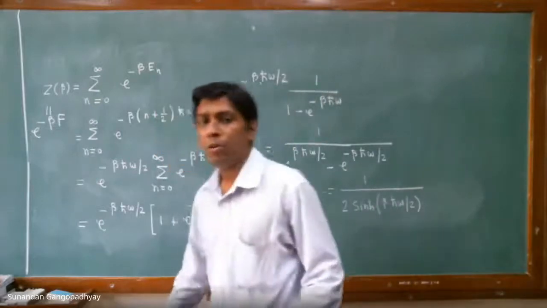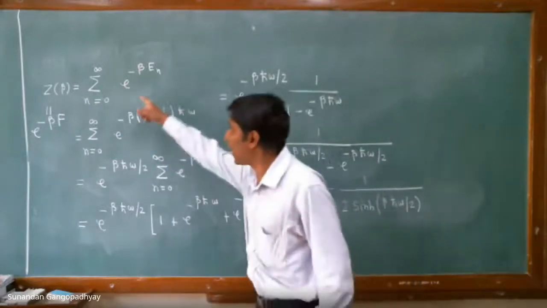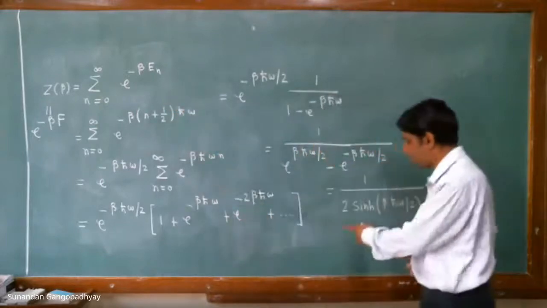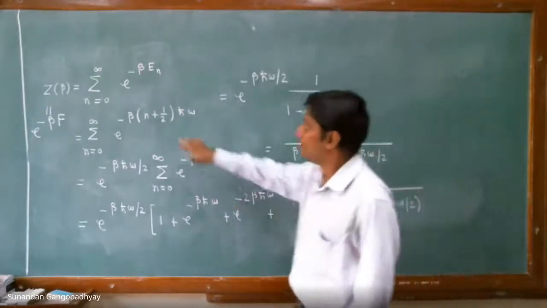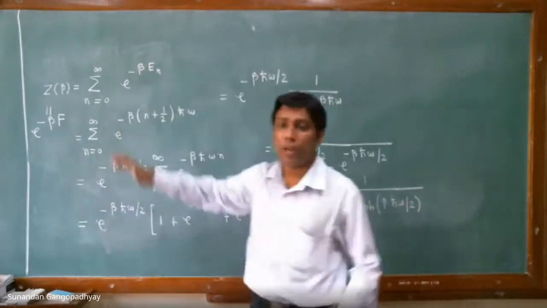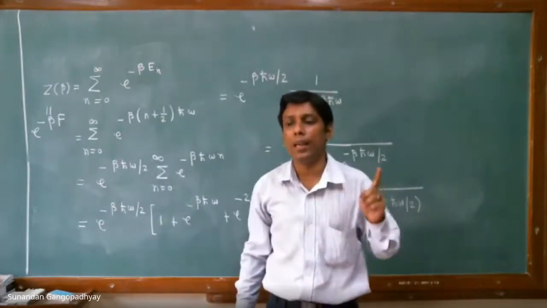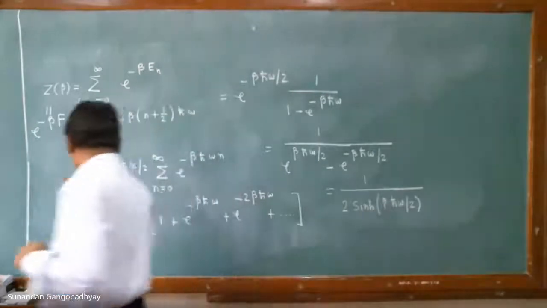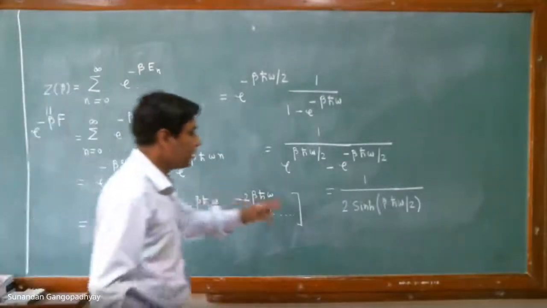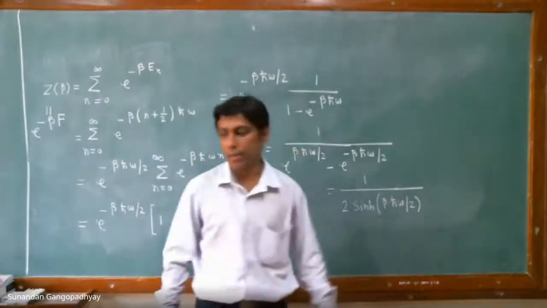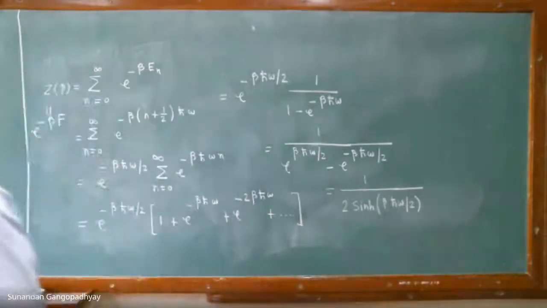What we shall now do is, we have done the calculation in this way by using the standard formula in statistical mechanics, but now we shall do it from the path integral approach. Let us see whether we get the same answer.